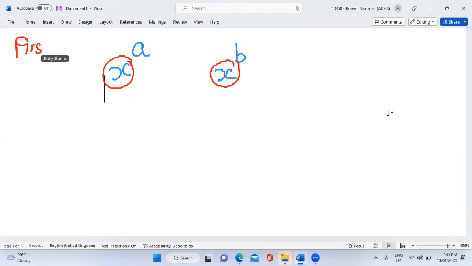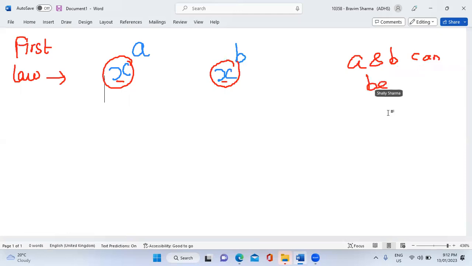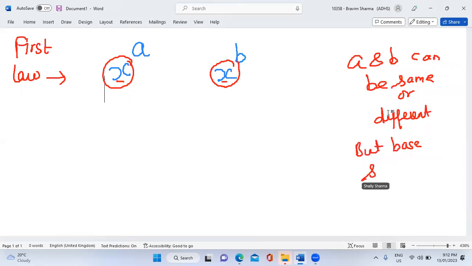When we talk about the first law of indices, the bases should be the same. Powers can be anything. A and B can be same or different, but the base should be the same. Then only we can apply this law.